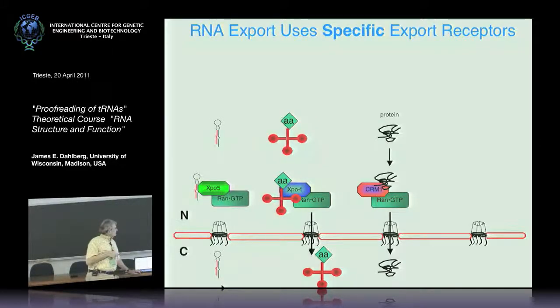One that we've studied is exportin 5, and I'll talk about that in a minute. Exportin 5 binds structured RNAs in general. One highly structured RNA is the pre-microRNA that you heard about 2 days ago in a couple of talks. And exportin 5, again, in the presence of RAN GTP, will take these precursors into the cytoplasm.